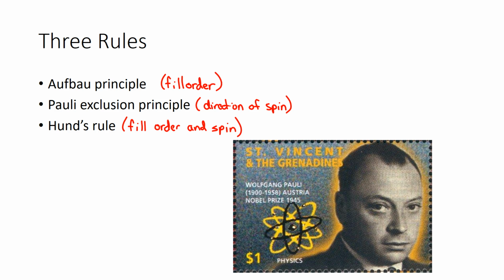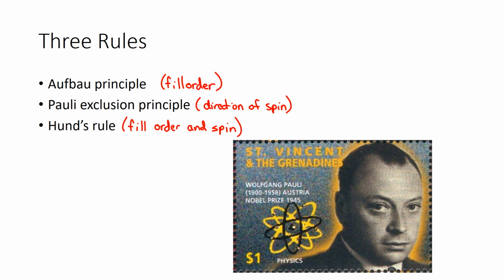The first rule is, what do we fill first? Energy level 1 gets filled before energy levels 2, 3, and so on. Pauli tells us that the electrons have to spin in opposite directions. And then Hund's rule tells us that as we're filling, we have to fill one direction before we fill the other within a certain sublevel.